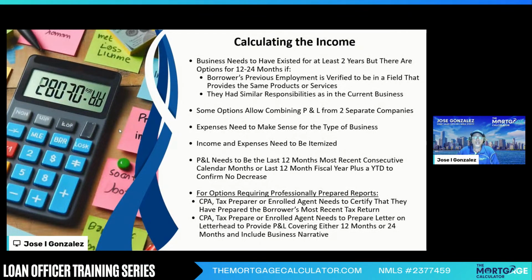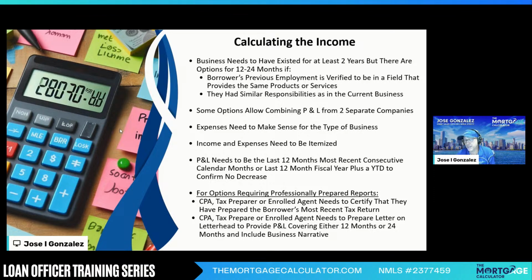So let's talk a little bit now about the actual income calculating. Although, frankly, there is no real income calculation that you're going to do per se. You're going to look at the profit and loss report that's prepared and provided to you, which is going to have gross revenue or the gross income, is going to have the expenses, and then it's going to have the net income.